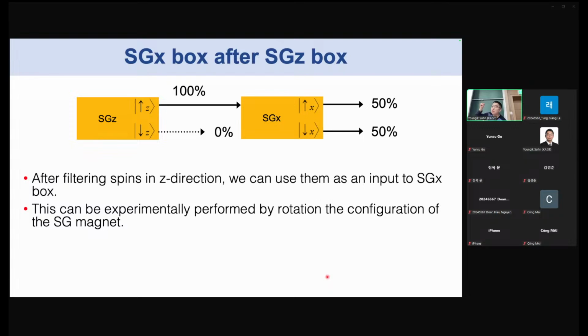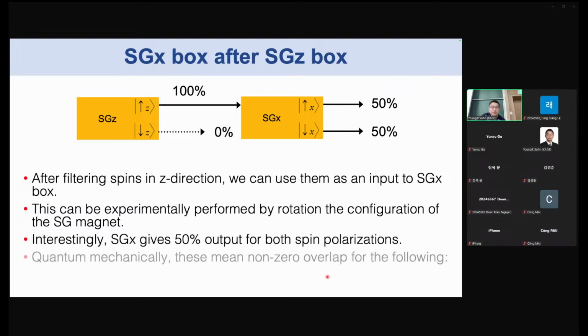And then you do an x-axis spin measurement, you get half and half. So quantum mechanically, you can think of it as they have an overlap. Z spin up and X spin up have a non-zero overlap. You have spin X up and Z up and X down, you have non-zero overlap.